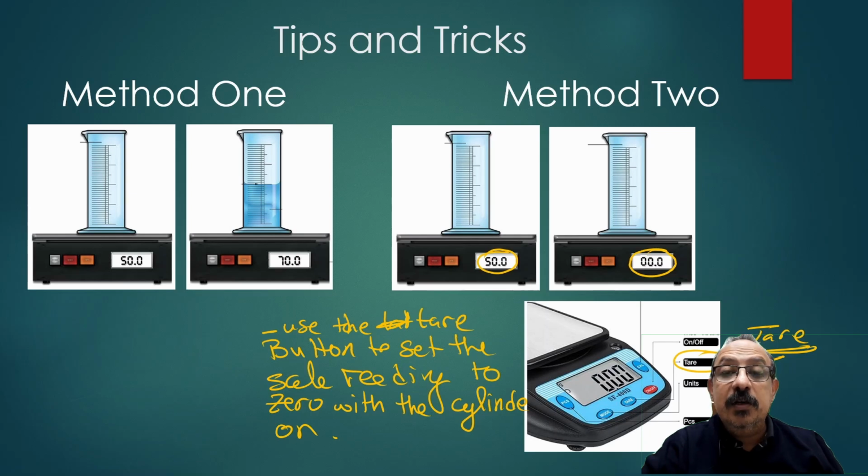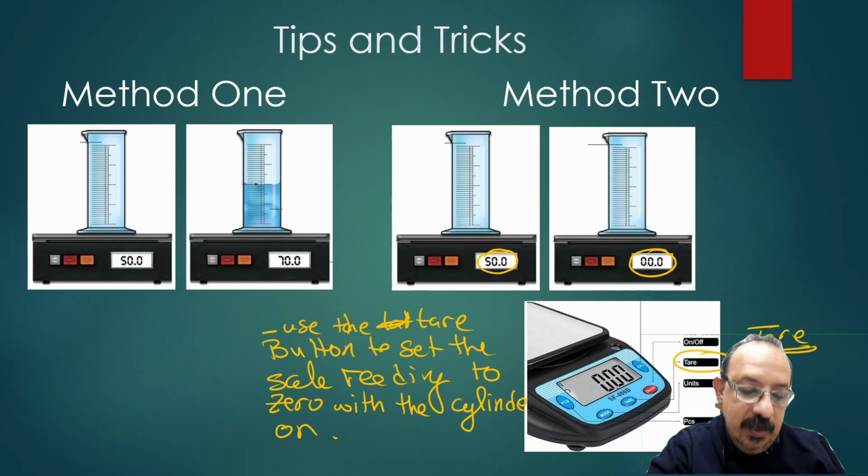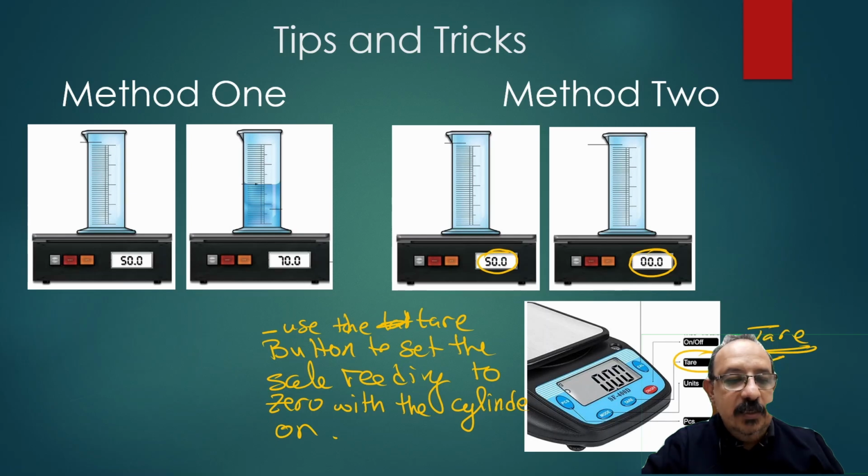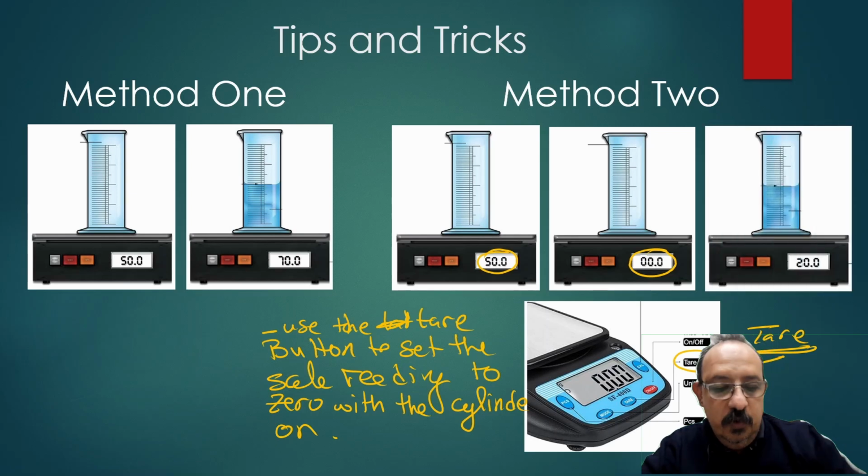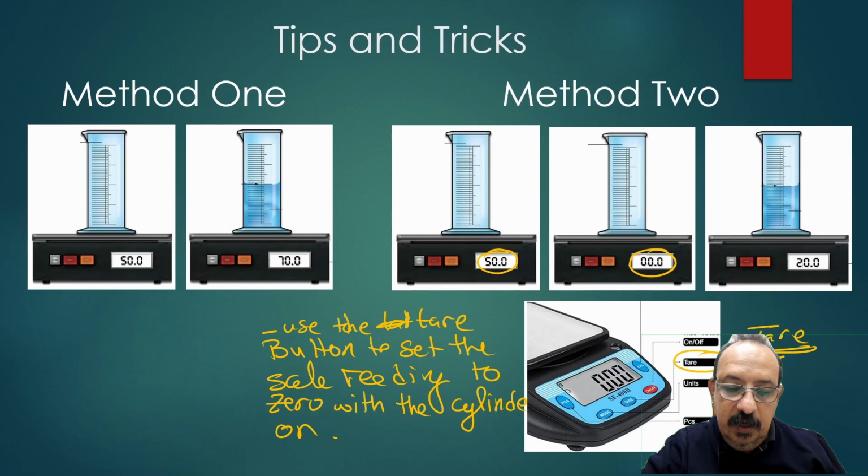Now I see a reading of 0 grams on the scale while the beaker or the cylinder is still on. What I should do next is put the volume of water I am interested in into the measuring cylinder, and the scale this time is going to give you directly the exact mass of the liquid or powder or whatsoever.